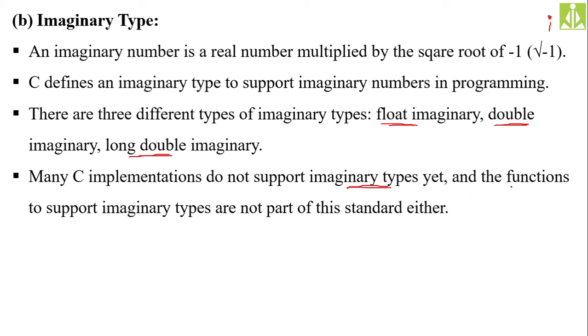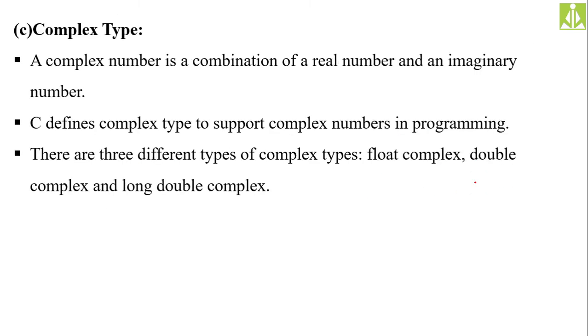Hope you understood. Okay, then the complex type. Again, we have the concept of complex numbers in mathematics. A complex number is a combination of a real number as well as an imaginary number. It has two things: a real number plus an imaginary number, a plus bi, isn't it?